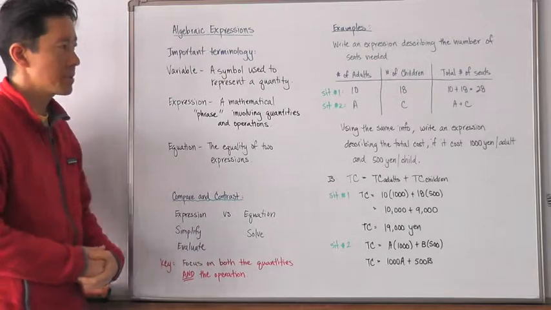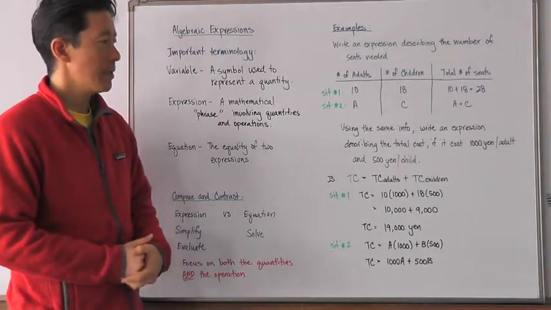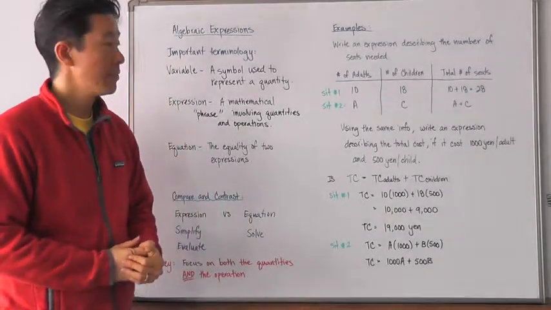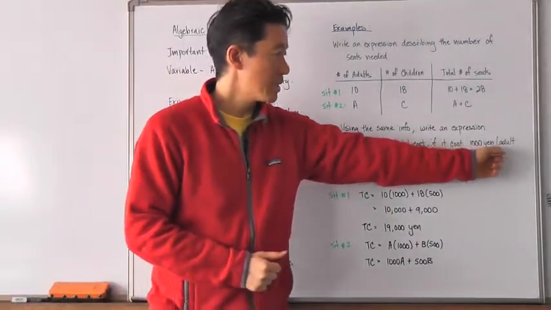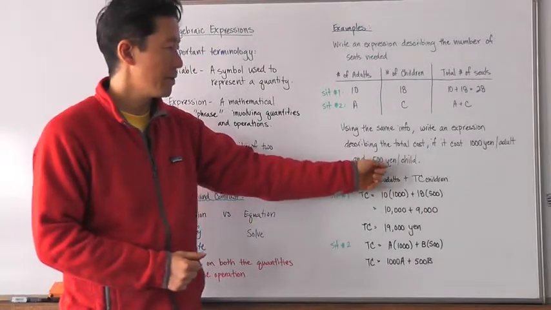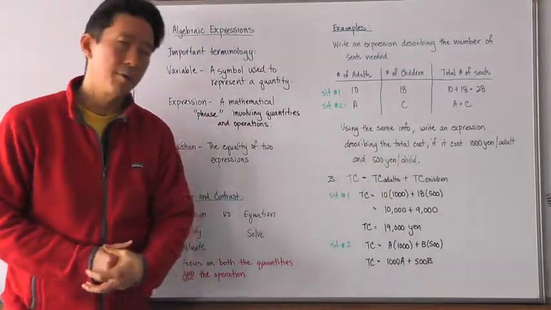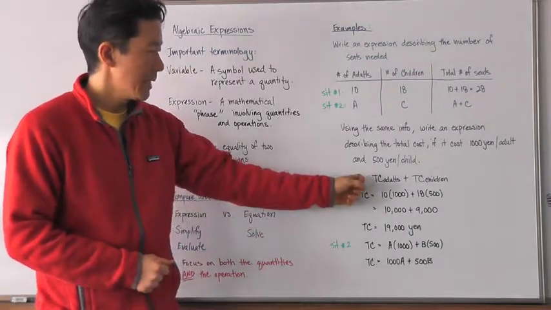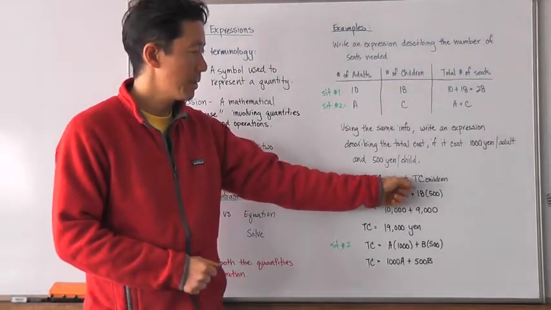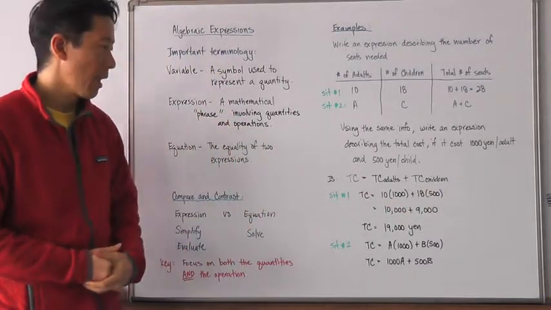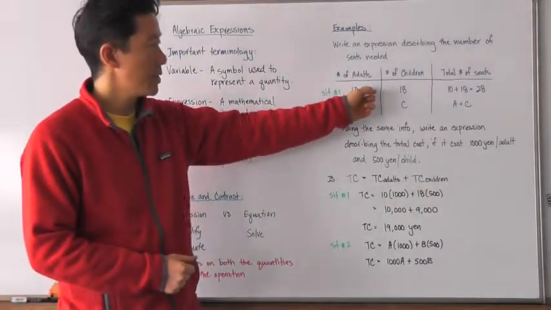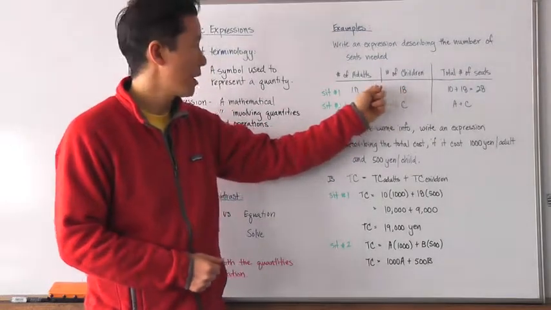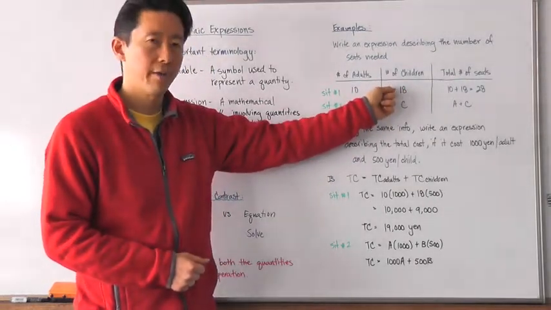Now, let's use the same information and write an expression describing the total cost of attending a movie, if the cost is 1,000 yen per adult and 500 yen per child. I'm going to use an initial statement again and say the total cost is going to be the total cost for the adults plus the total cost for all children. If I take a look at situation number 1, notice that I have values already established for how many adults and how many children I have.